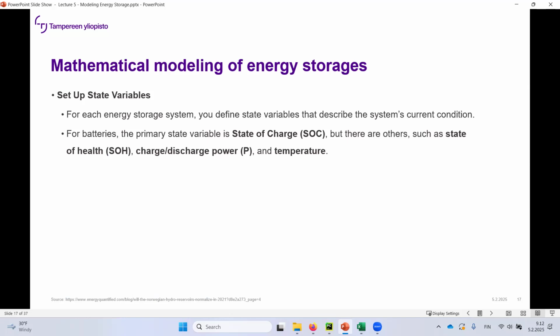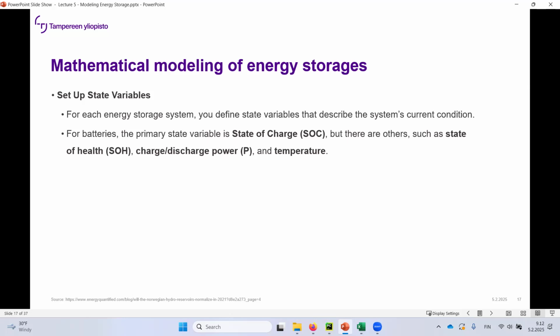You have to set up these state variables, describing the system's current condition. So for batteries, for example, state of charge. How much state of charge do you have in the beginning? If you have a 10 kilowatt hour battery, is it going to be 5 or 10 kilowatt hours at the beginning of the calculation? And then there's the state of health. So as an overall system, is it in good condition?